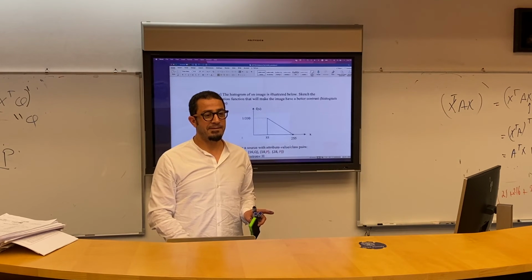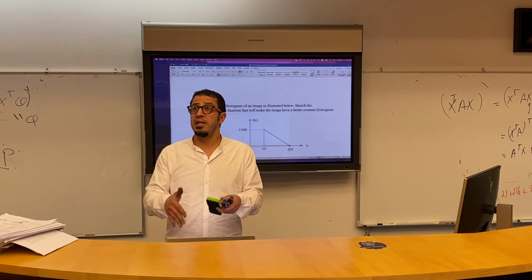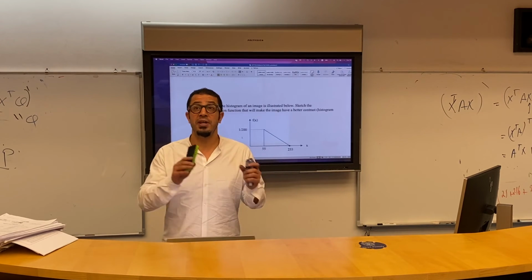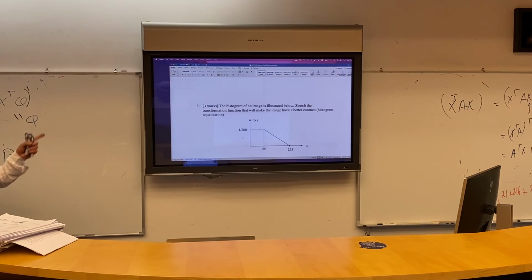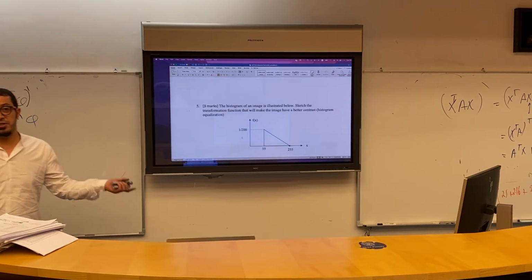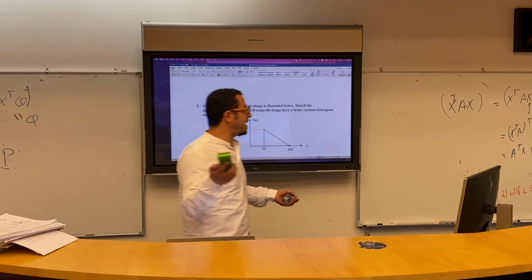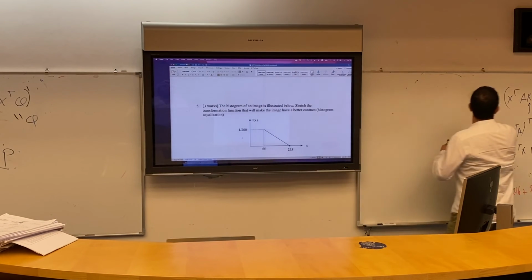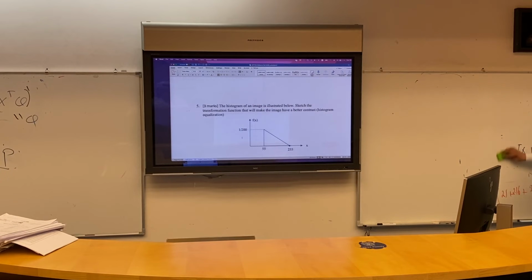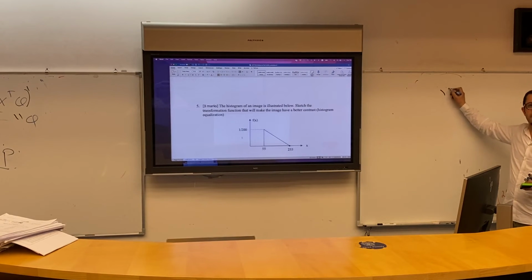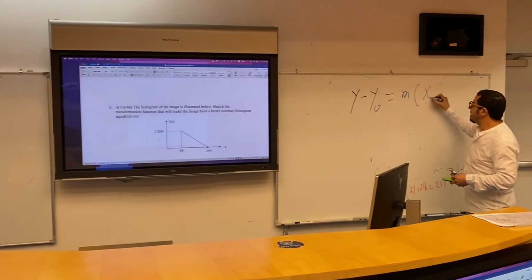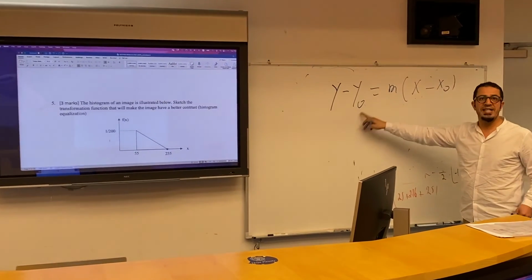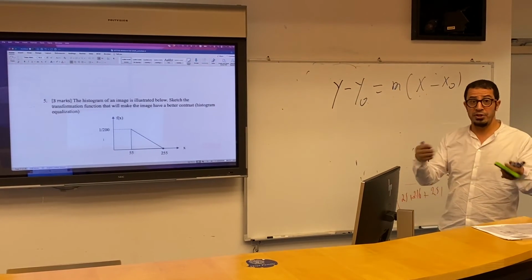This one here is also integration, nothing else. But you have to find the equation of the graph. The graph is a line. How to find the equation of the line, please? Okay, so please take this as a formula: y minus y0 equals m times x minus x0, where x0, y0 is any point on the line.